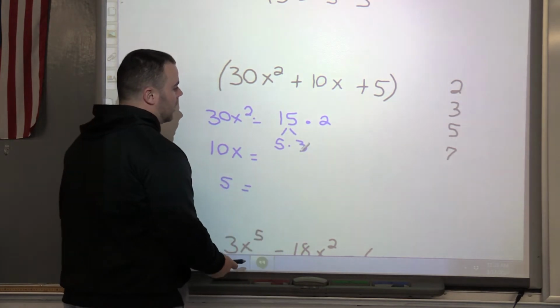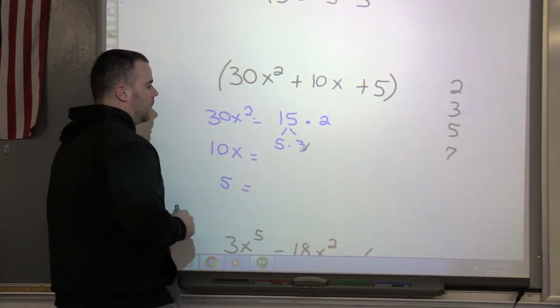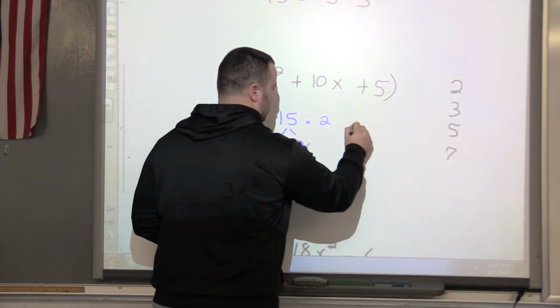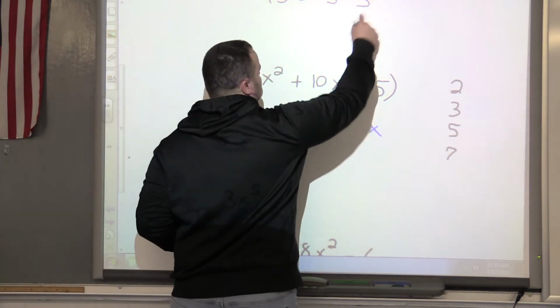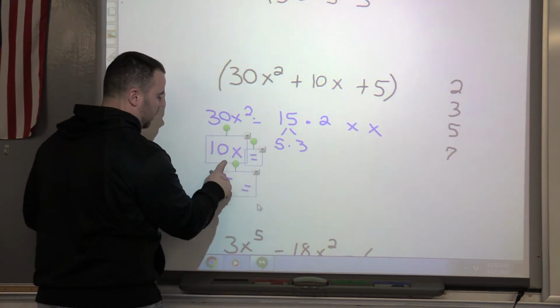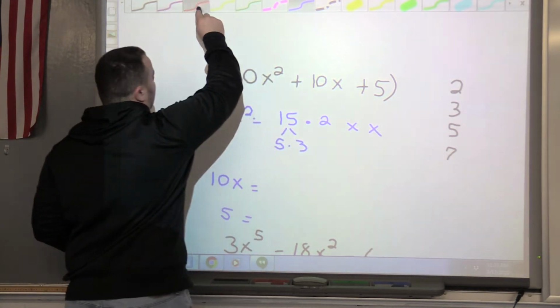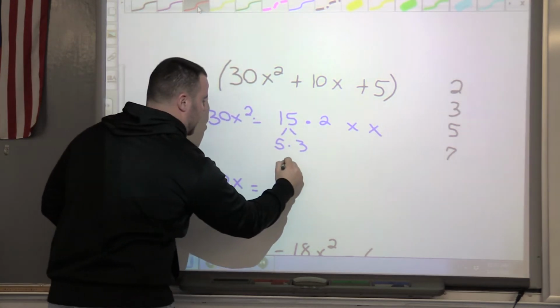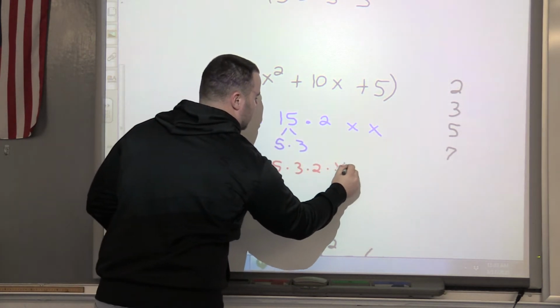And I don't really need the 30 anymore. It's gone once I break it down. And to get x squared, it's going to be x times x. I'm going to move this down so you can see it a little bit easier, and I'm going to rewrite it. So my prime factors are 5 times 3 times 2 times x times x.